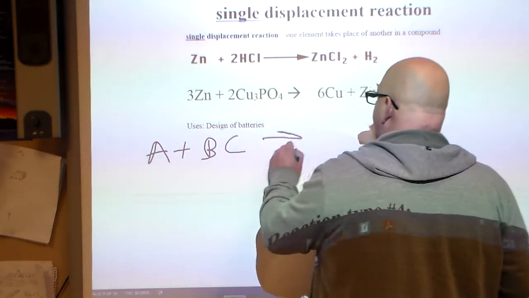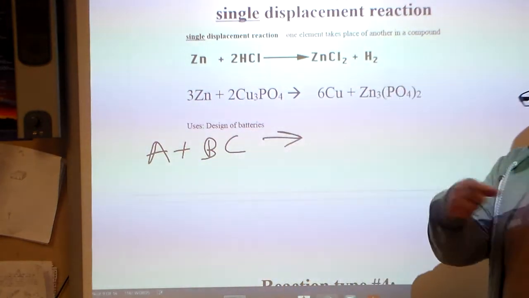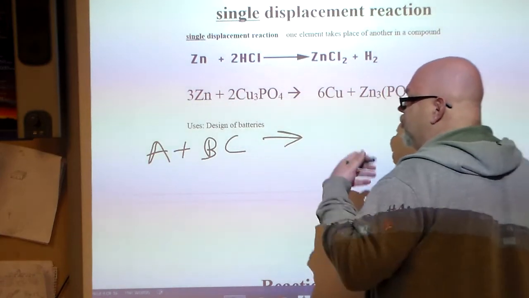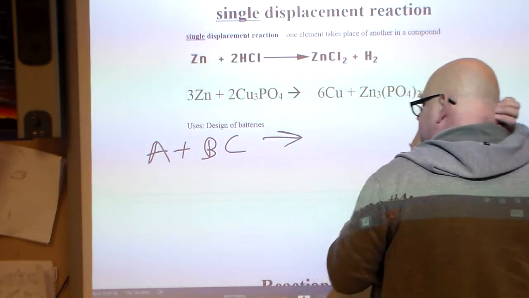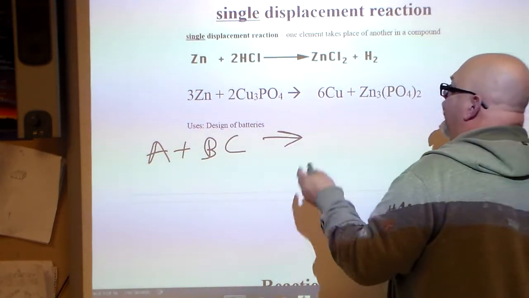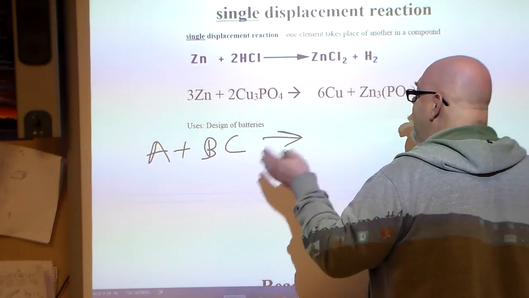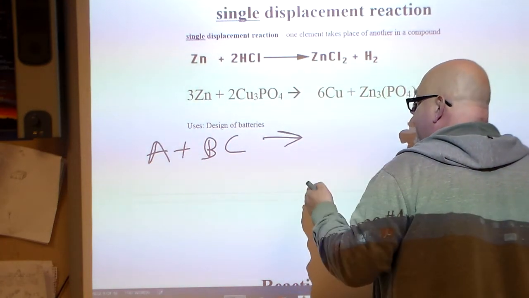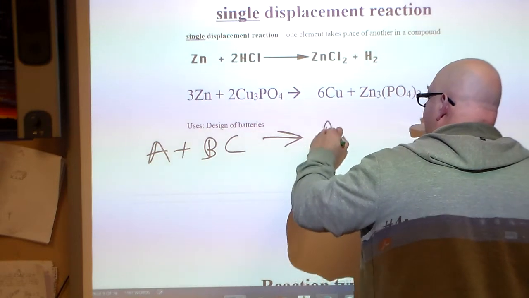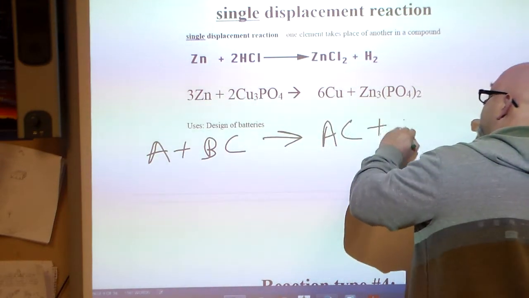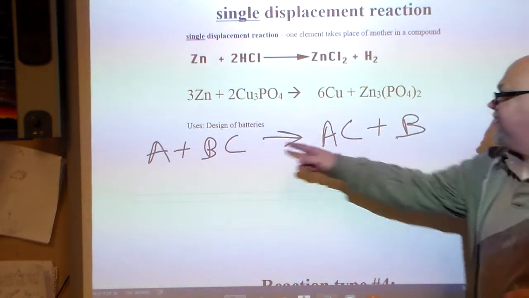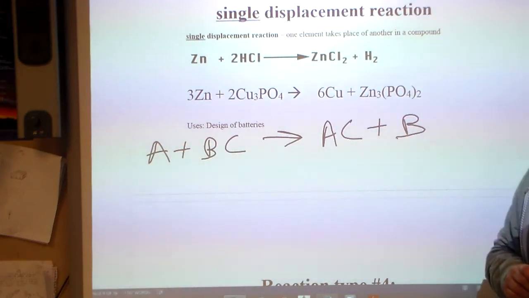We're doing a switcheroo. We go from A plus BC to AC plus B. This is a single displacement reaction.